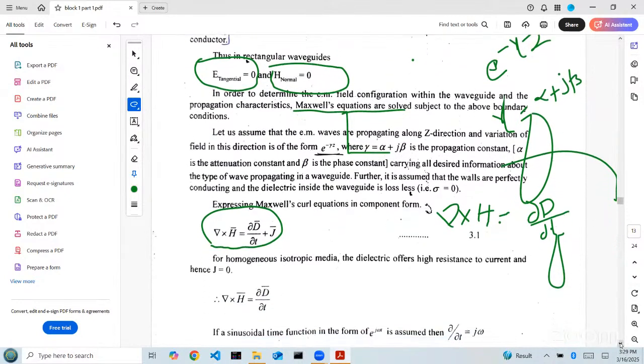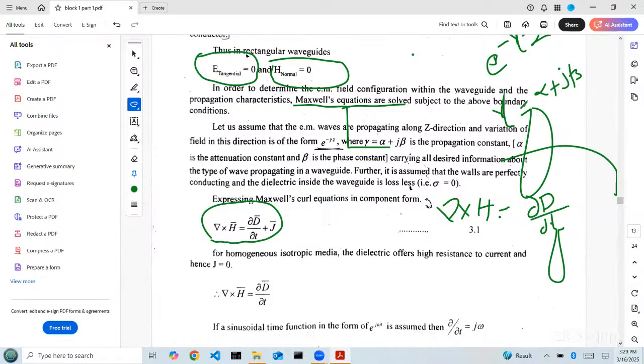In place of dou by dou T, I am substituting J omega. In place of D, epsilon E is substituted.